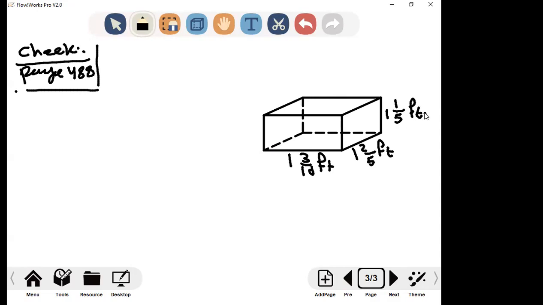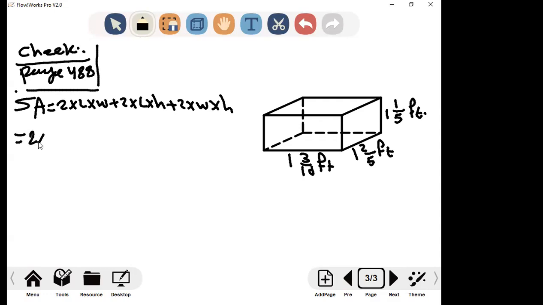So I have the length, the width, and the height, and the question wants me to find the surface area. Write the formula and apply. Surface area equals 2 multiply length multiply width plus 2 multiply length multiply height plus 2 multiply width multiply height.